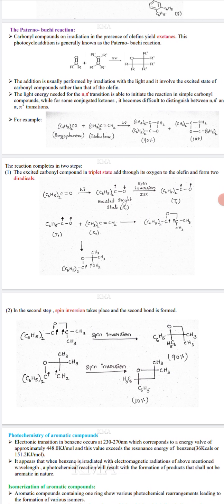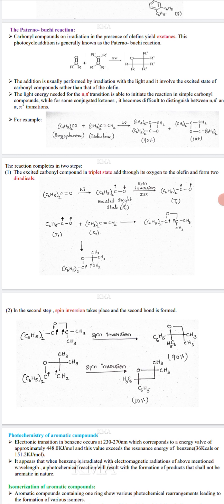In the excited singlet state, the spins in the case of benzophenone are in opposite directions. So on carbon you can see an upward arrow mark, and on oxygen a downward arrow mark.